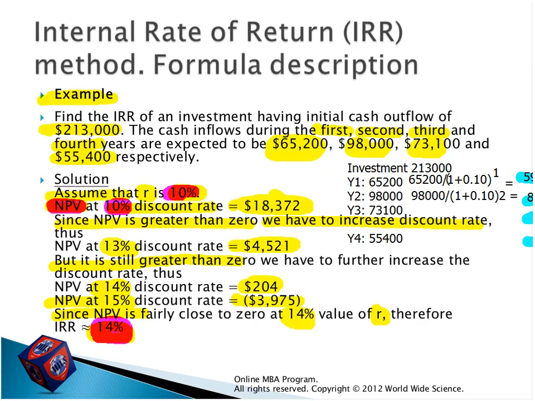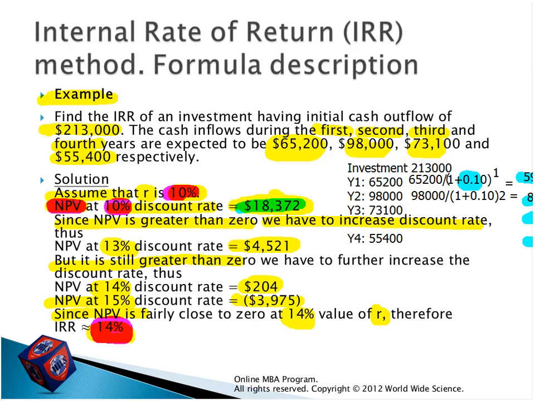And the result will be equal to 18,372. This is how we find the net present value. And this we have done to find the net present value at a 10% discount rate only.